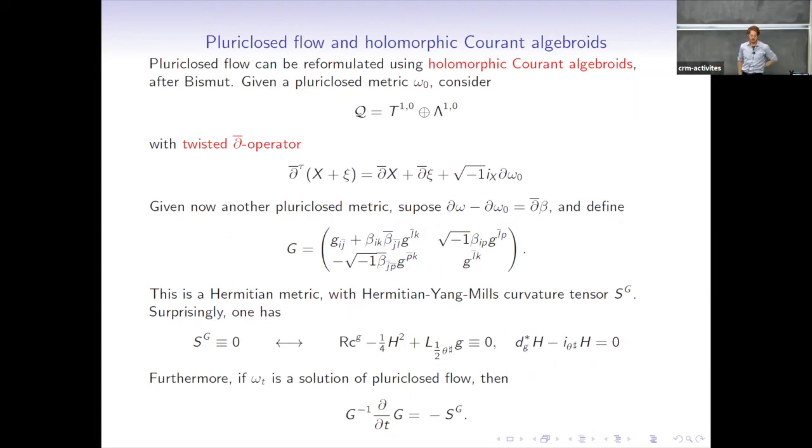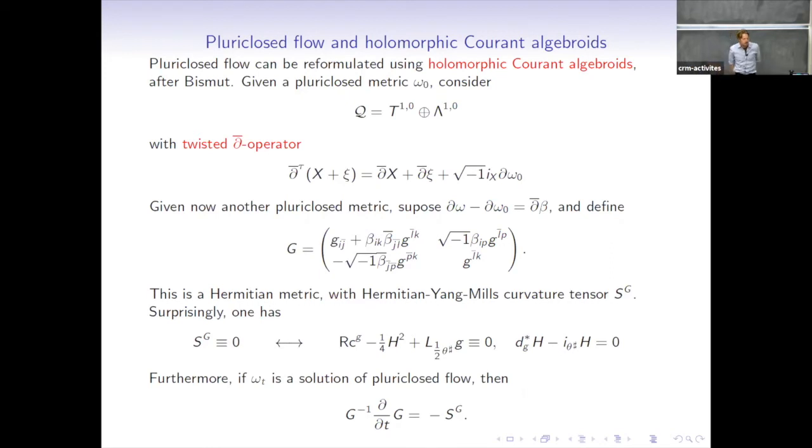But of course, there's a small wrinkle in there, because defining this Hermitian Yang-Mills curvature requires a metric on the base space, which is also evolving now. But in some formal sense, it's like Hermitian Yang-Mills flow.